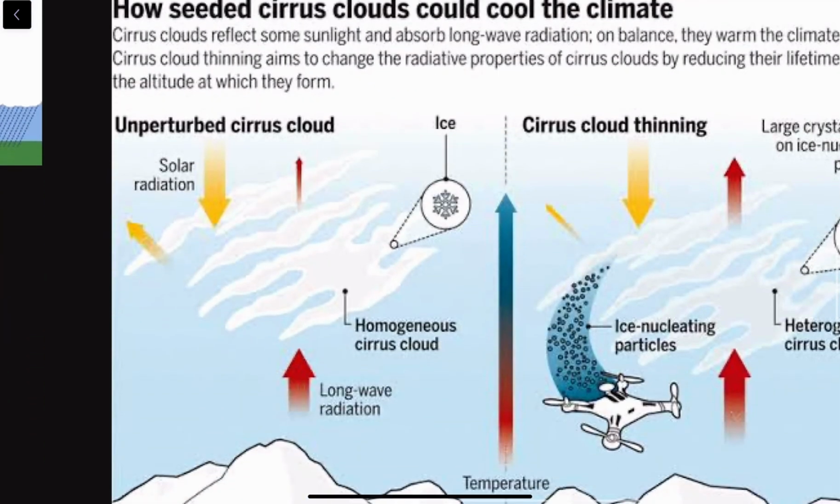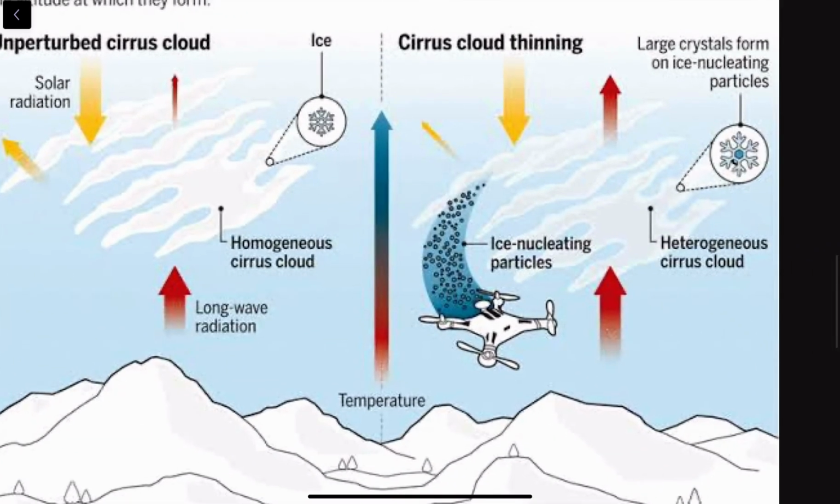How? If we go into the detail, in this cirrus cloud thinning technique, aerosols are applied to the clouds. It creates ice nucleating particles which will attract the moisture content and form large crystals.